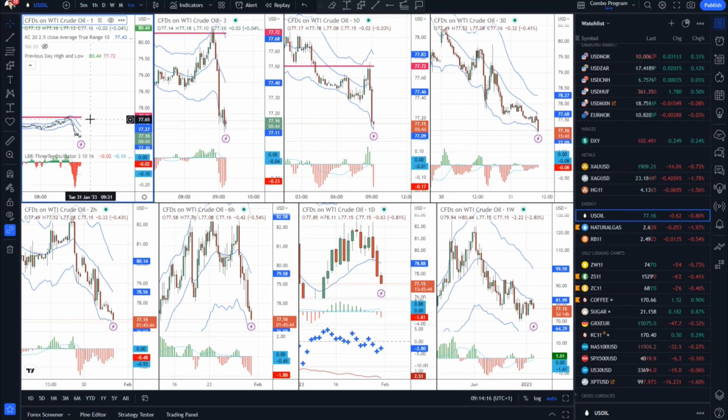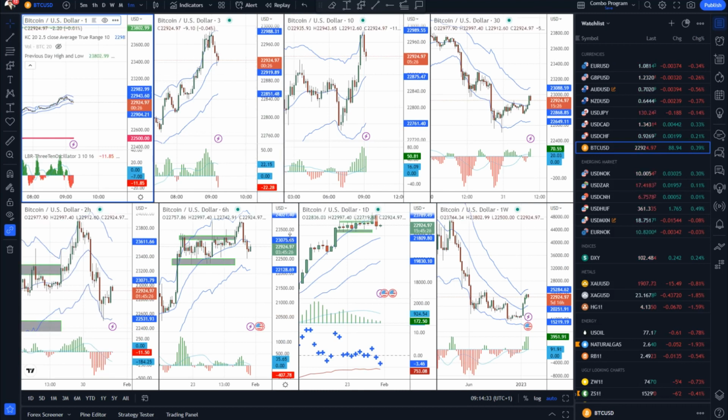This can open the door for a retrace back towards the previous day low at 77.72, maybe even to go further higher. But the crude oil is definitely the one that is interesting to pay attention to for that potential upside move.